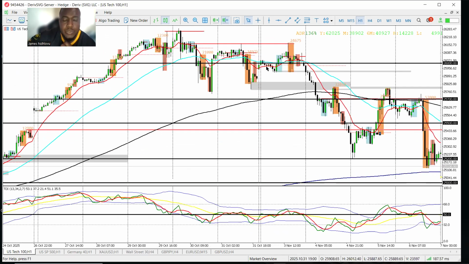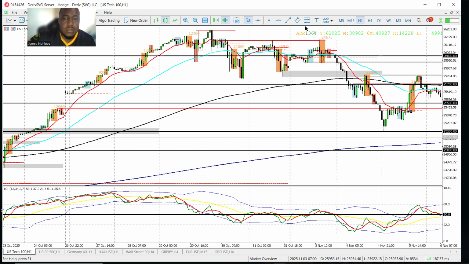So what is support? In general, if something is falling, let's say this is a ball. If you drop your ball, it's falling, this is your floor. It's going to bounce off this area, push up, come back down.